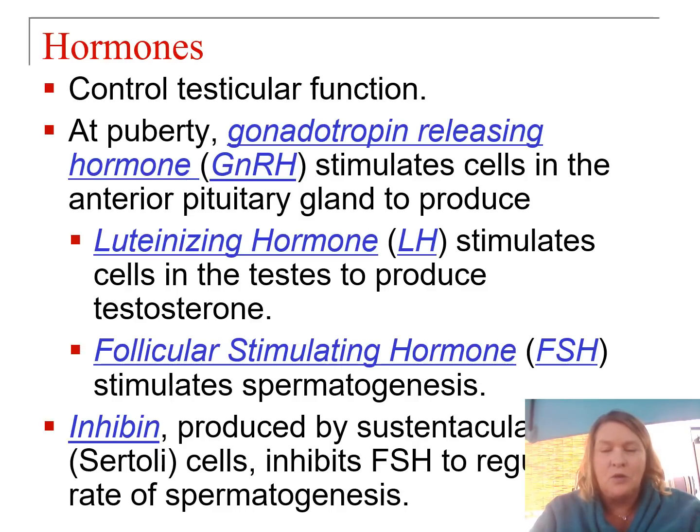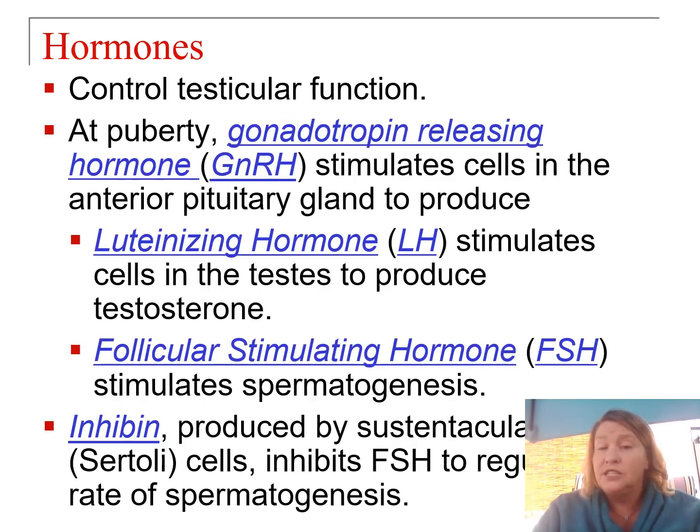All right, let's talk about the hormones that are involved. The hormones basically control testicular function. And at puberty, it starts out with gonadotropin releasing hormone, GnRH, that comes from the hypothalamus and stimulates cells in the anterior pituitary to produce two different hormones.